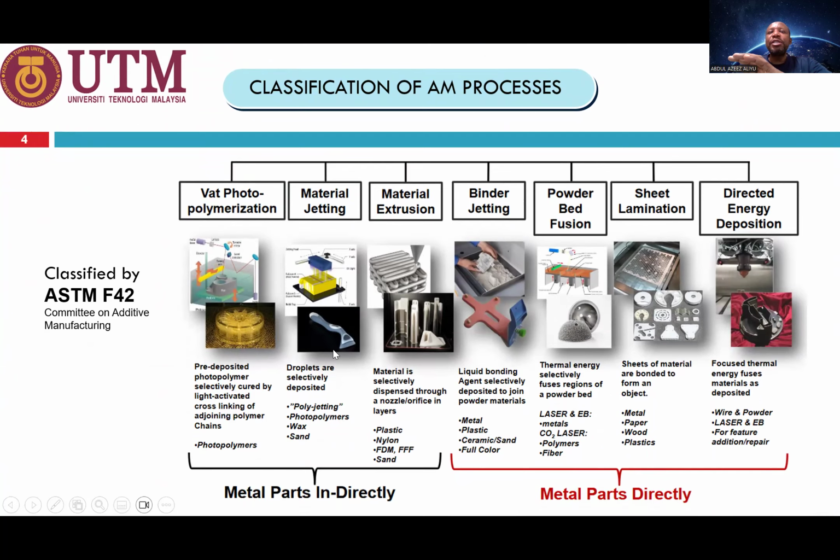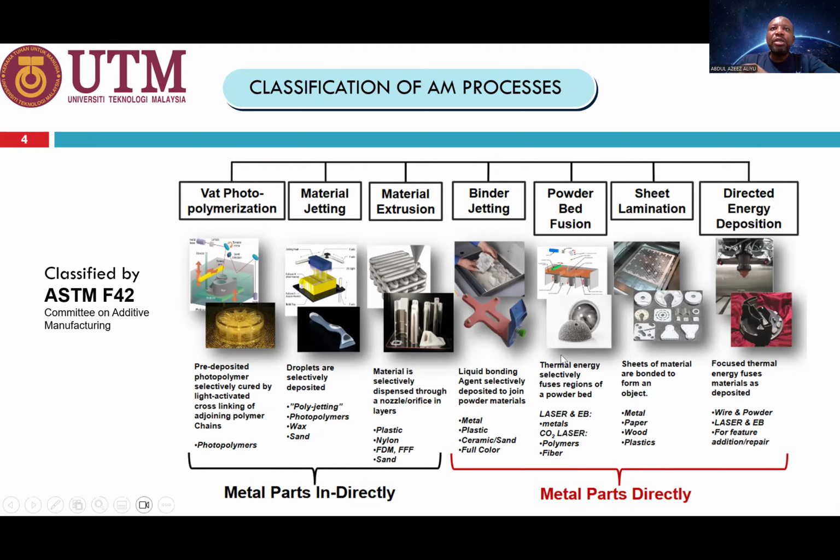The indirect processes involve deposition of either wax or plastics on a metallic mold, which enables use in metal casting. So it will help in creating certain impressions or patterns that are required to appear on the final parts. While the direct additive manufacturing processes produce the components directly after deposition.